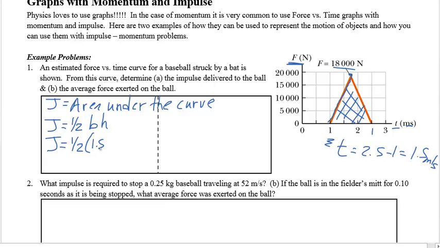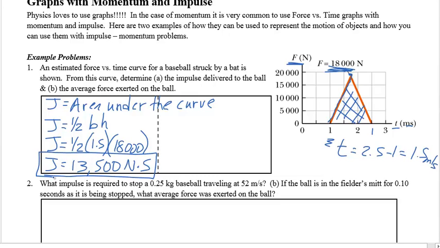So 1.5 seconds, and the height, we can see that it's given to us, is 18,000. So solving for that, we get 13,500 newton-seconds. So the impulse that was applied was 13,500 newton-seconds.